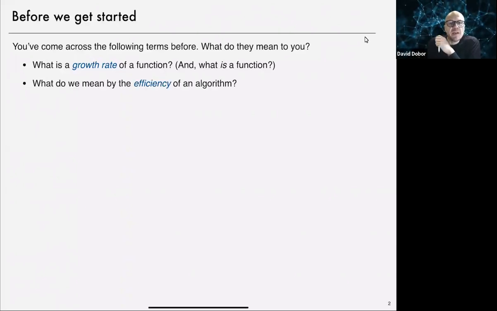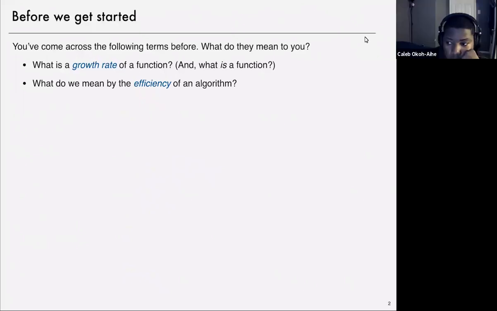How about, what do you mean by the efficiency of an algorithm? Again, these are sort of not the way you think of this. What do you mean by the efficiency of an algorithm? The relative amount of time it takes an algorithm to complete a certain task, I would say.